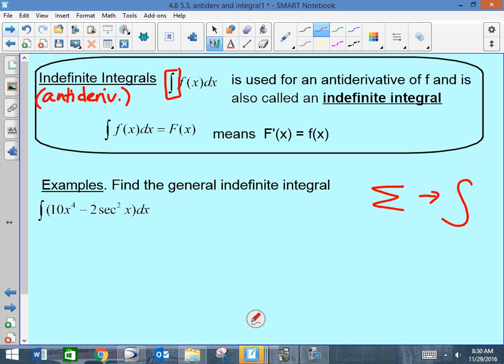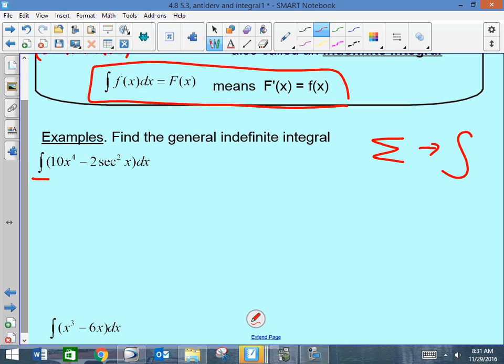We also have definite integrals. Okay. And same idea. This integral equals F of x means when we take the derivative of this, we have this. Okay. So they're going to say it like this.